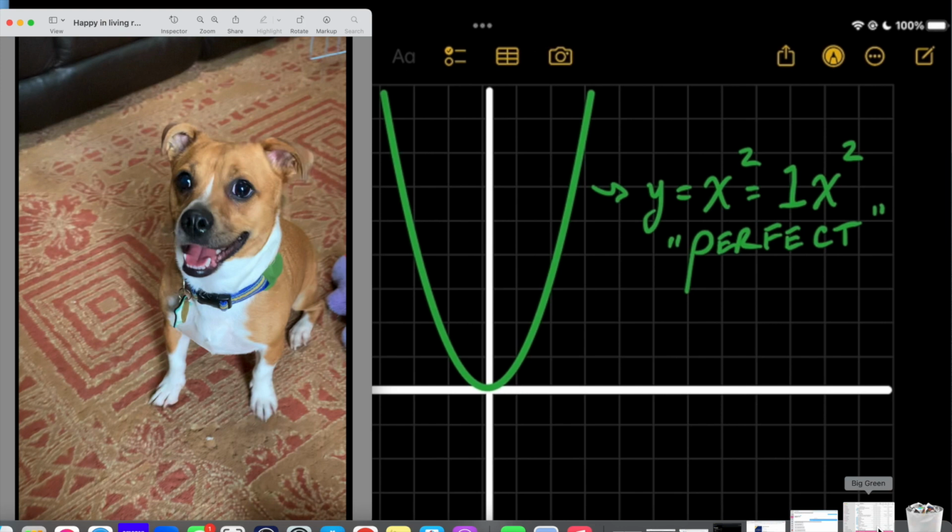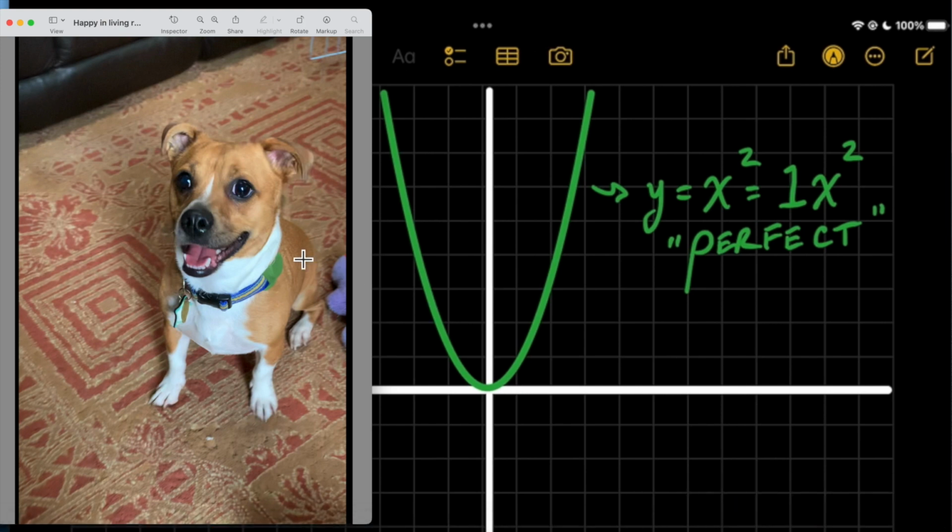Okay, this is a picture of a dog. Let's assume this dog's physique is perfect. The dog is happy with his physique. The owners are happy. Everyone's happy. And that's because this dog runs 1 mile a day on a treadmill. So there's your 1 mile a day, perfect width of the parabola, perfect physique of the dog.